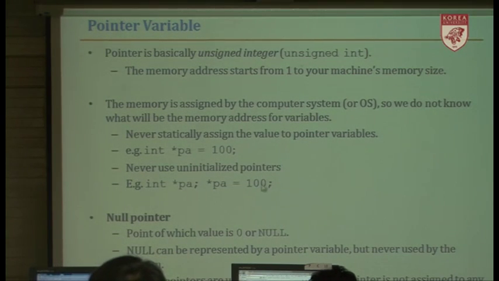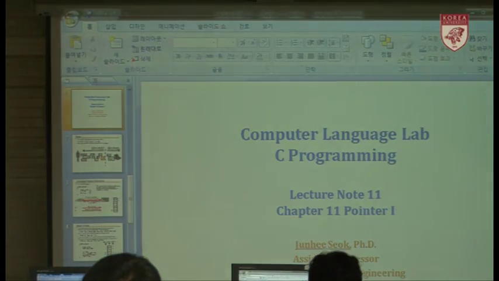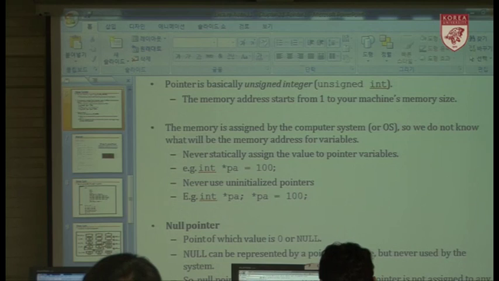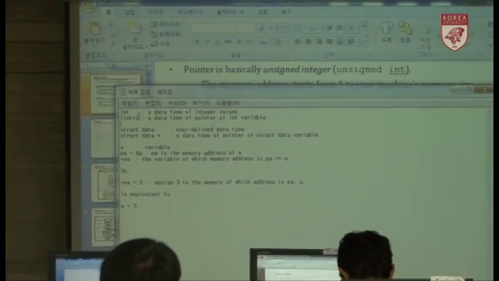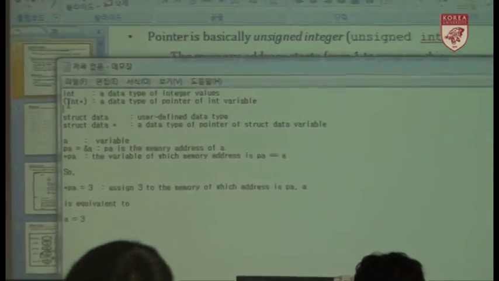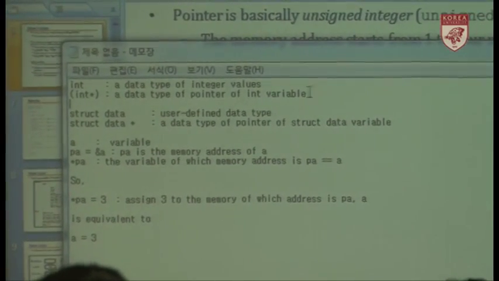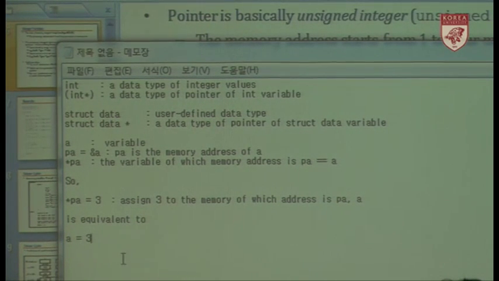Can you see the difference? Again, int * is a data type. The int is the data type of integer values, and the int * is the data type of pointers to integers.